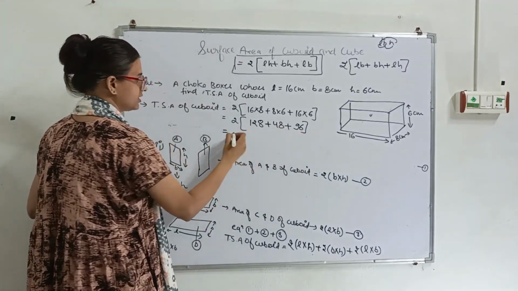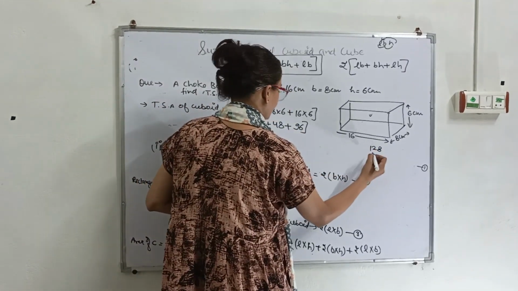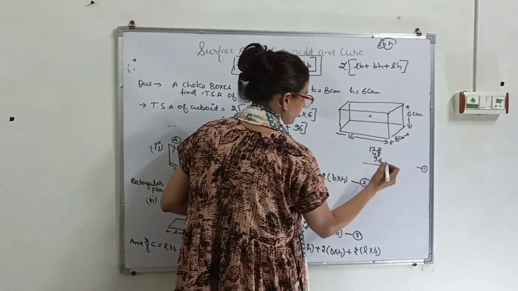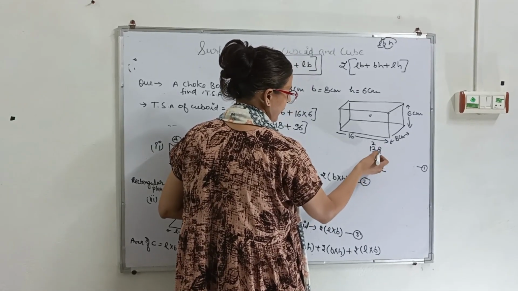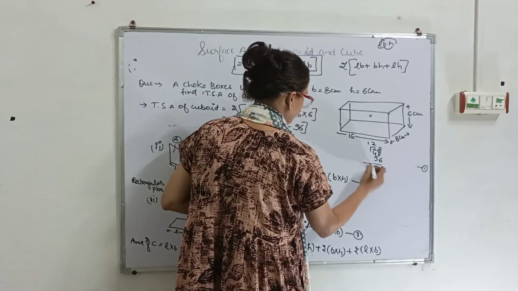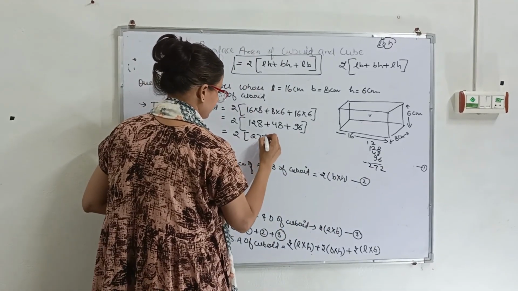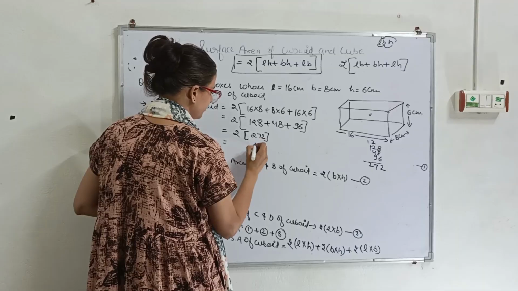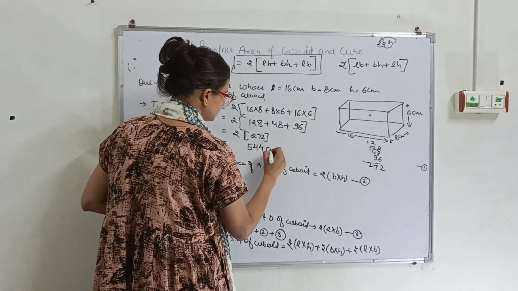So solve this: 128 and 48 and 96. That gives 272. And 2 into 272 is 544. This is in centimeter square.